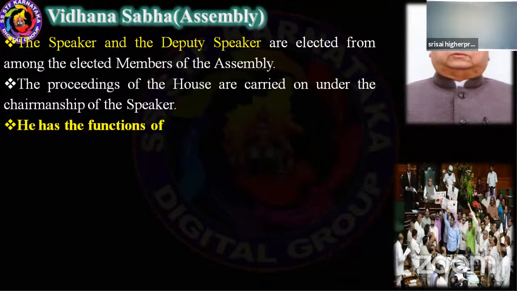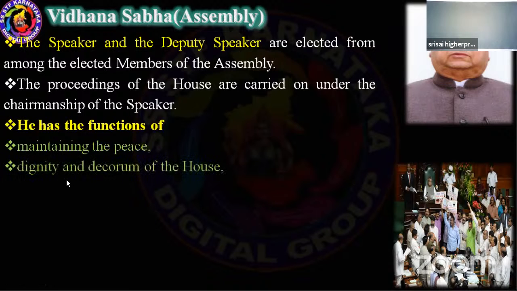He has the function of maintaining peace in the session. If any MLA or others do anything wrong or dishonor the speaker or another MLA in the session, by using the marshal, he may send them out or take the necessary action against that MLA.